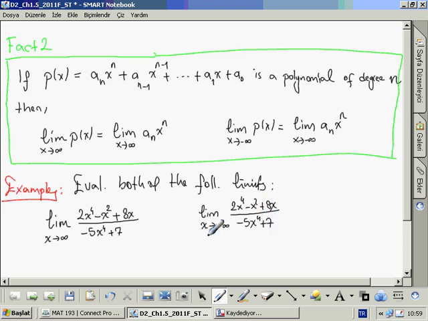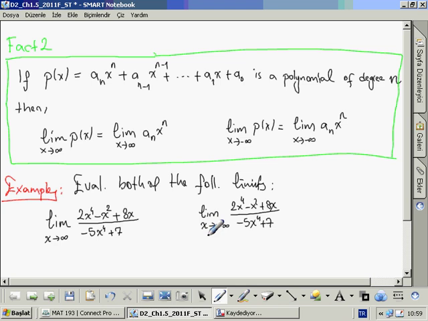The only difference between these two is that one is going to positive infinity and the other one is going to negative infinity, of course. And sometimes this small difference will affect the value of the limit, and at other times it won't, okay?